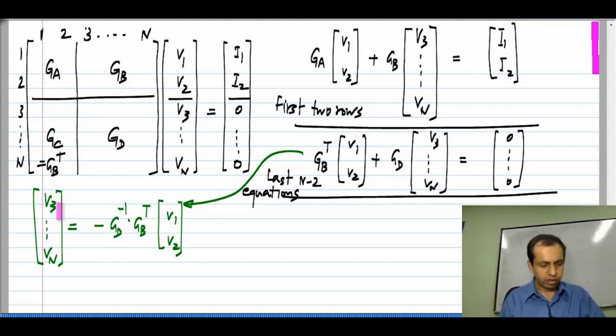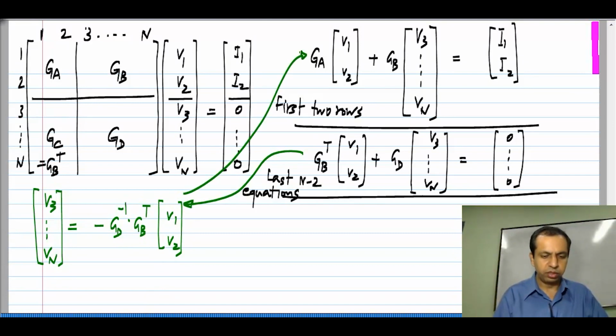Okay. That is, we have got this unknown vector in terms of the desired vector V 1 V 2. Okay. Now, what I am going to do is substitute this into the first two equations.